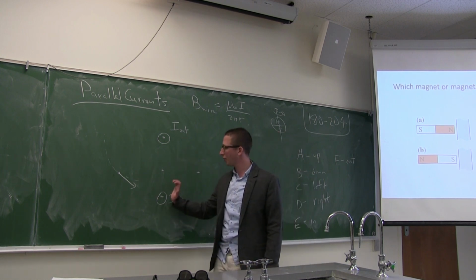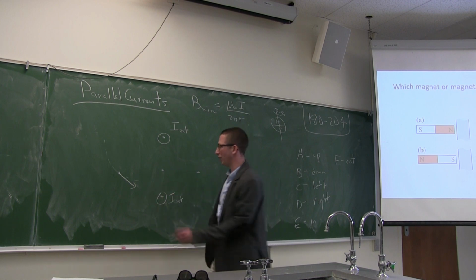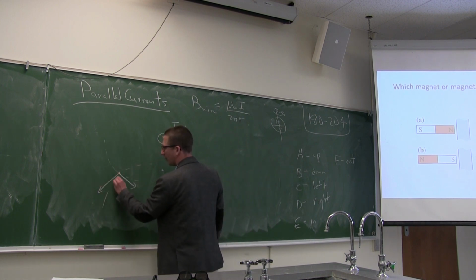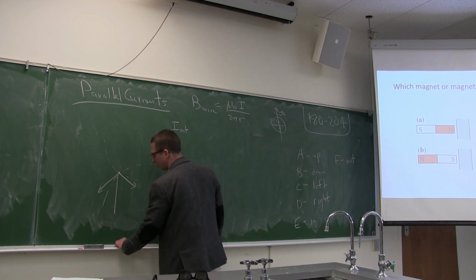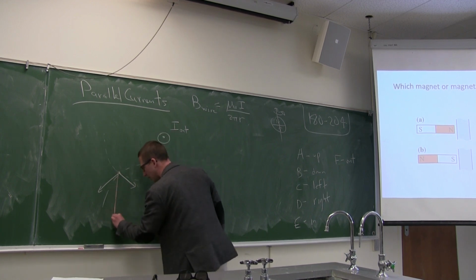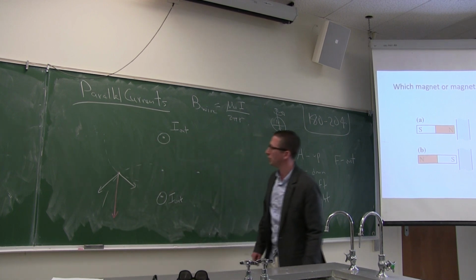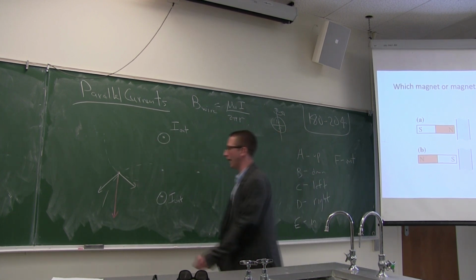Now the bottom wire also has a field that wraps around it. And I can imagine a circular arc like this. Now what's going to happen is the net field is going to point directly down.